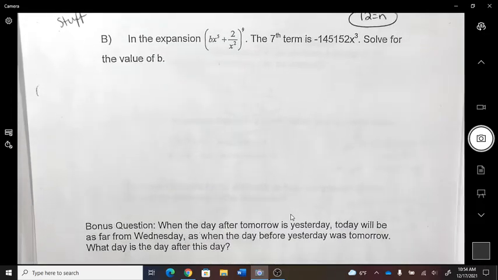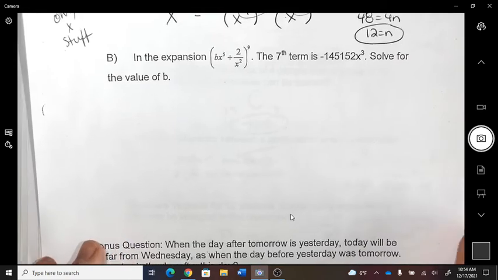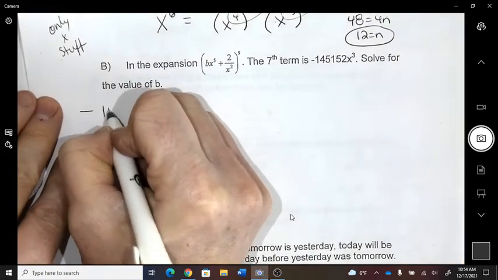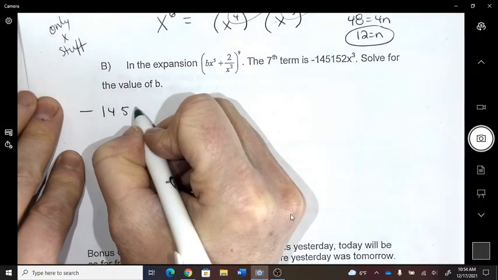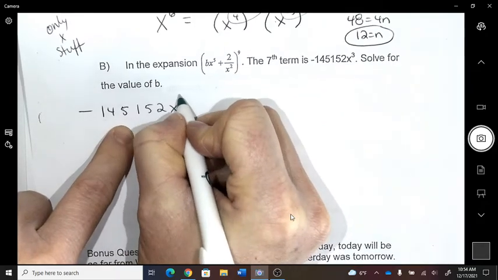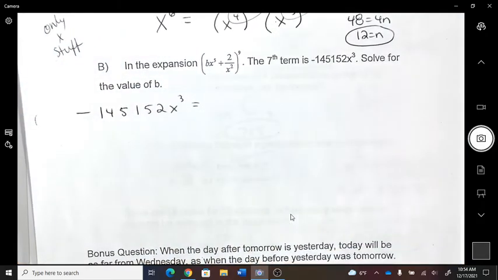In this expansion, the 7th term is that. Solve for the value of b. Okay, so this one we're going to take all the information. Okay, 7th term. So what choose what?